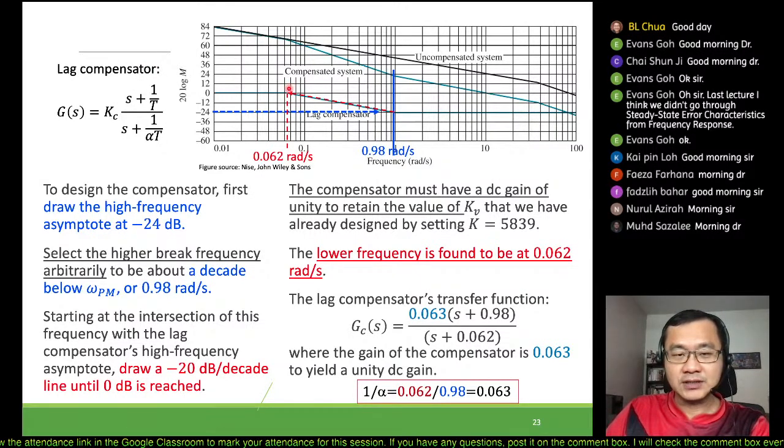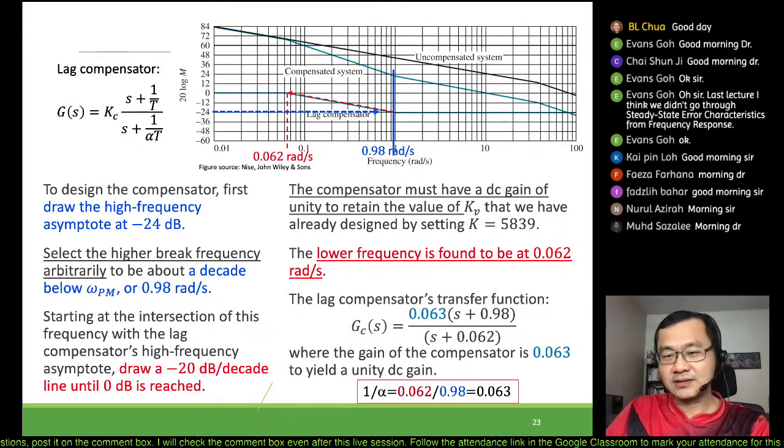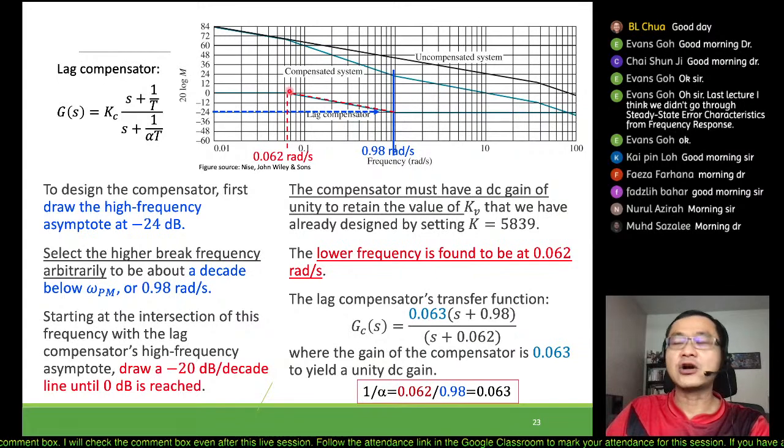When it comes to here, we form this 0 line again. Remember we have previously the 0 line, coming down minus 20, then straight. So these would be the components of our lag compensator.